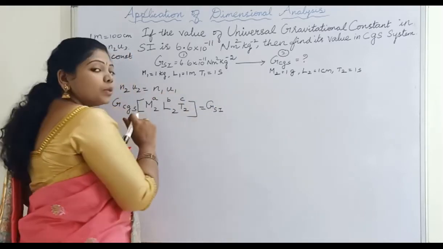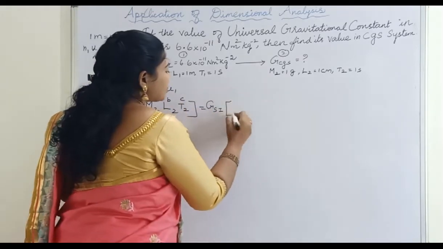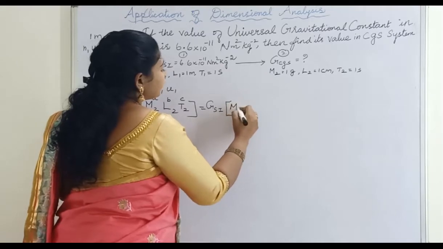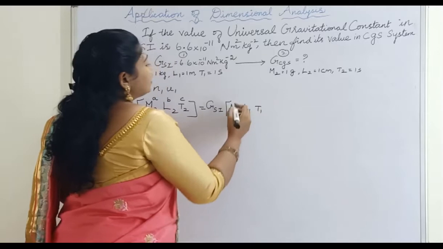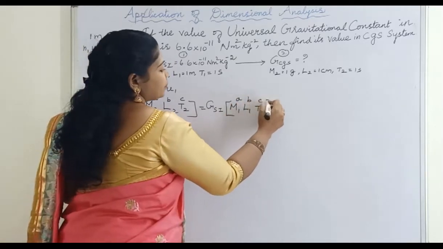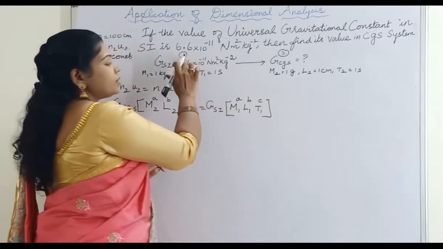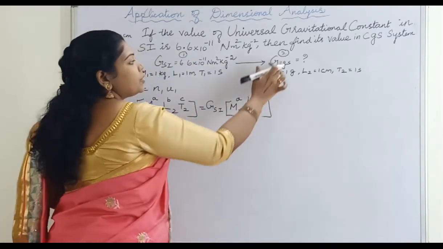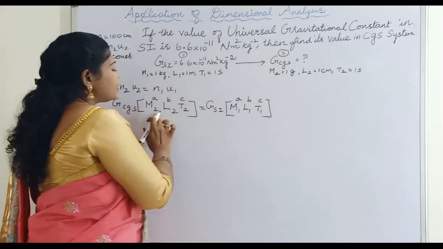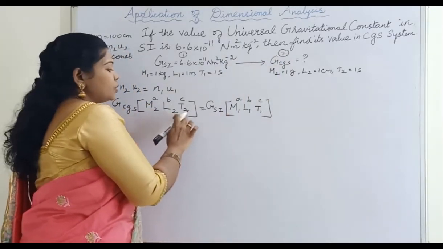So G SI into U1, for which we write the dimensional formula, M1 L1 T1 power A, B, C. If you are writing the first system, we denote it by 1. If we use the second system, that is CGS, we represent it by the letter 2.